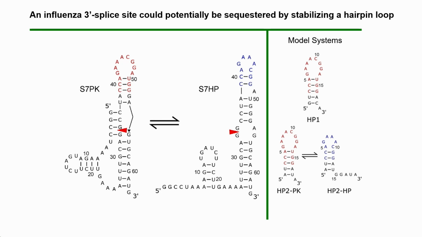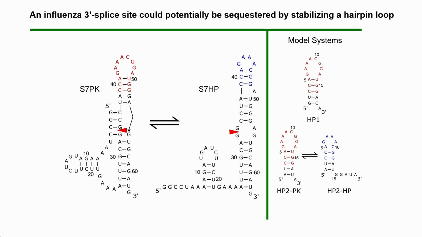And so the idea is, if you could force with some small oligonucleotide the left-hand pseudoknot to be more stable so that it never can change into the right-hand secondary structure, then you'd screw up splicing. And so we made some model systems. Those are shown on the right-hand side. And I'm really going to talk about HP2 PK and HP2 HP.